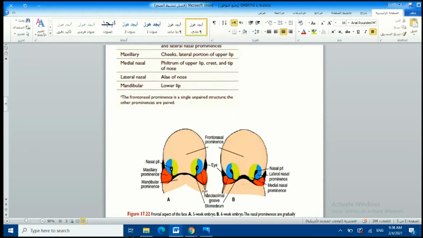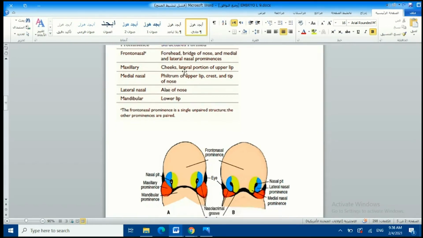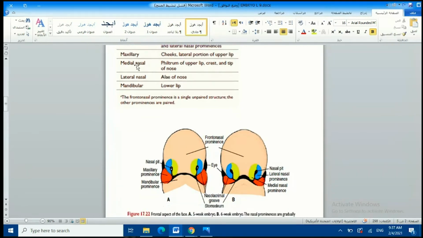Look at here. Then we will have the maxillary prominence, as we mentioned before in lecture number 6, and this will form the cheeks, the cheeks and the lateral portion of the upper lip.